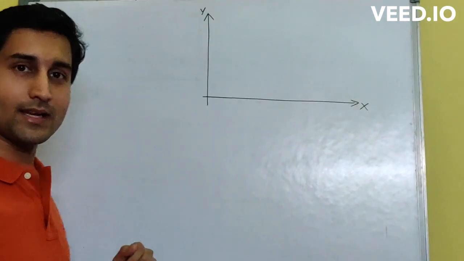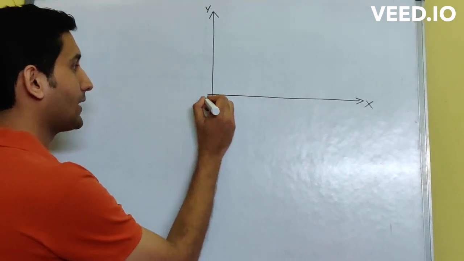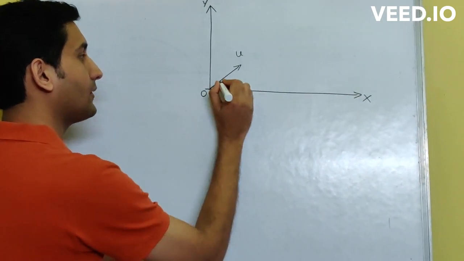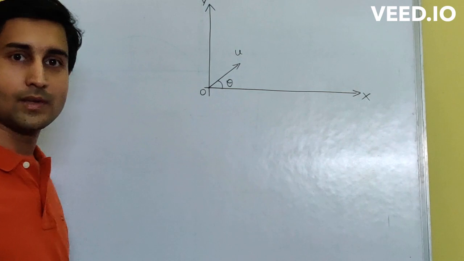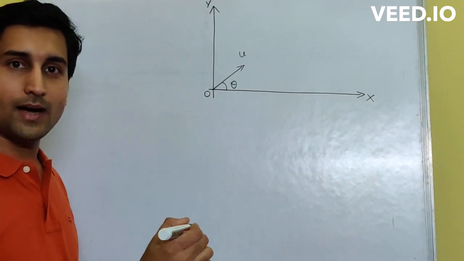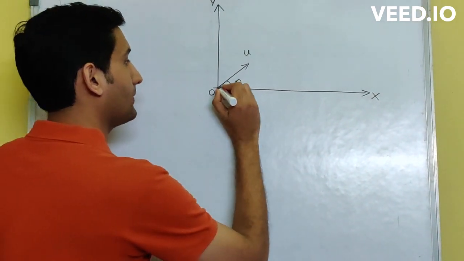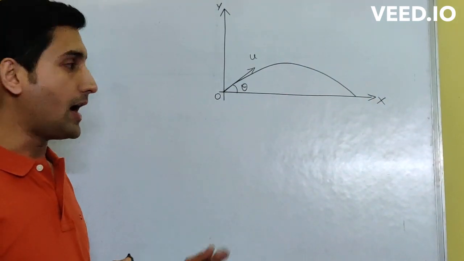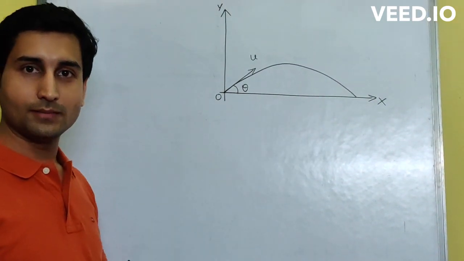The particle is projected from the origin with an initial velocity u at an angle theta with the horizontal. The particle moves on a curved path known as a projectile, and it lands on the ground after some horizontal range.